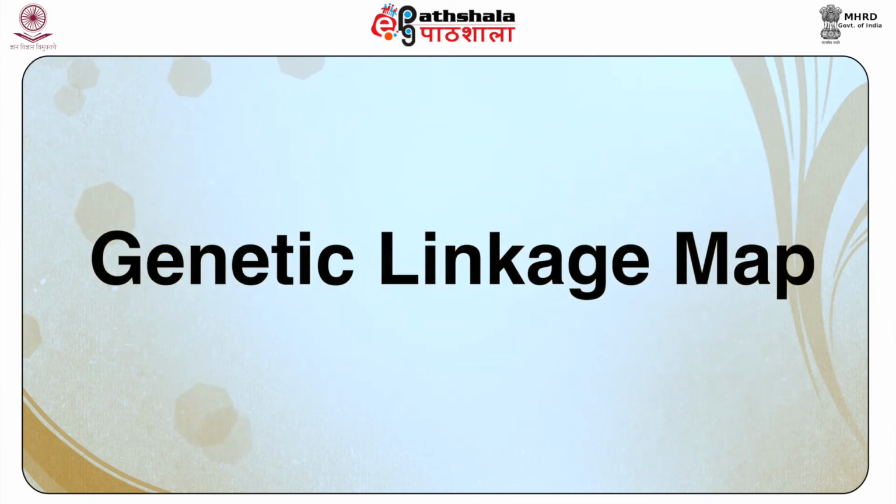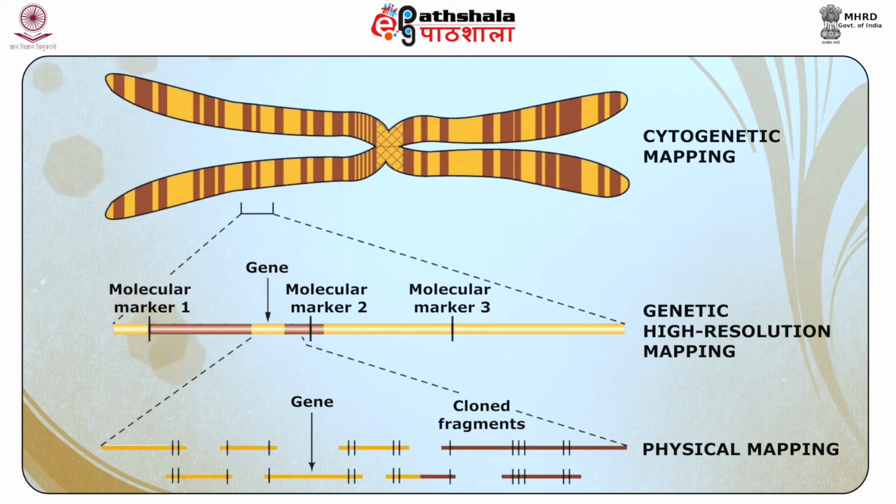After studying cytogenetic maps, now we will be studying the genetic linkage map. A genetic linkage map is a genetic map of a species or experimental population that shows the position of its known genes or genetic markers relative to each other in terms of recombination frequency, rather than a specific physical distance along each chromosome.